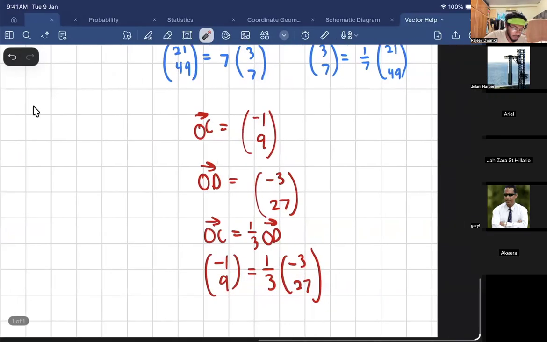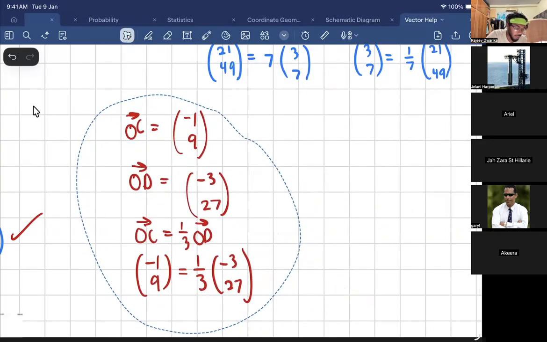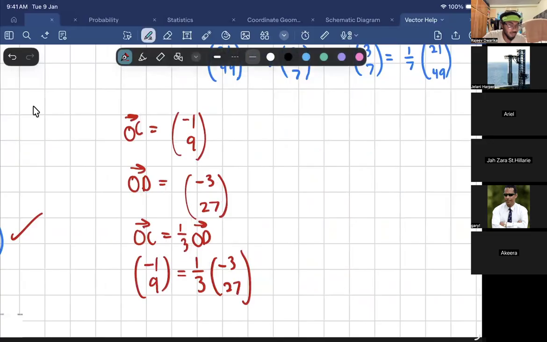Nice. Now, Jazara, is that the only way I could have written one vector as a scalar multiple of the other one? Or was there another way I could write these two? Tell me, Jazara, is there another way I could write these two vectors, relating them to each other?